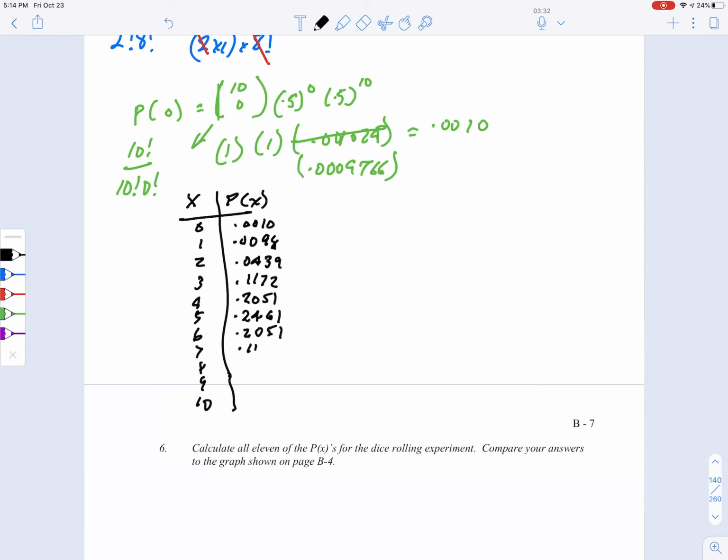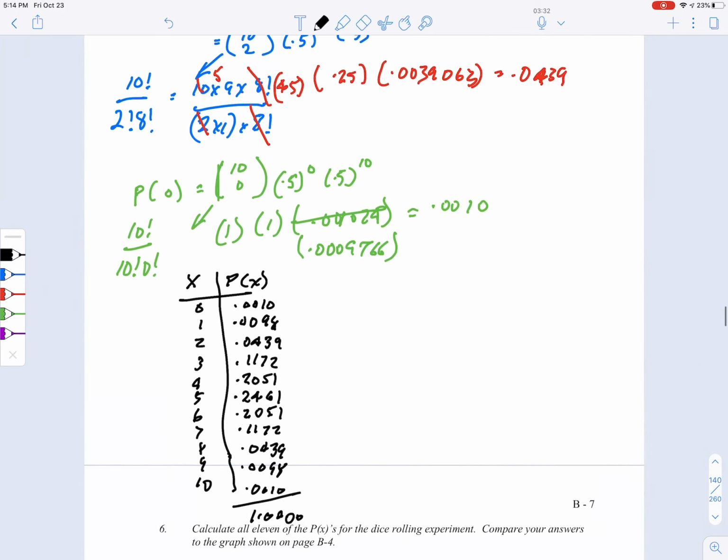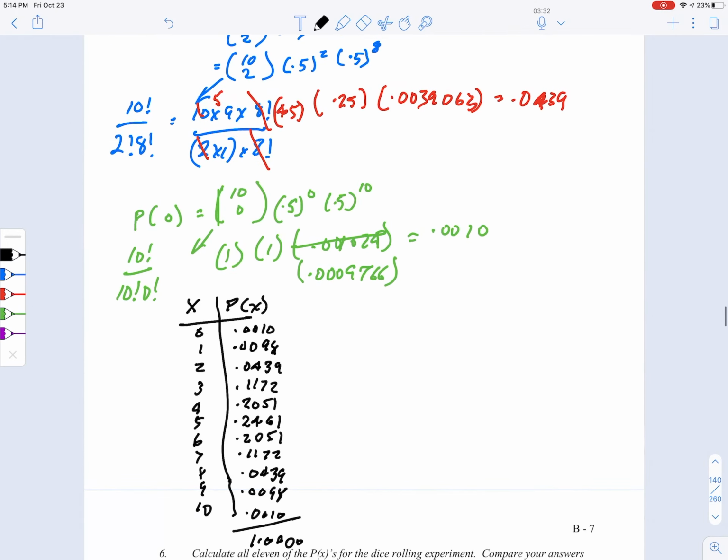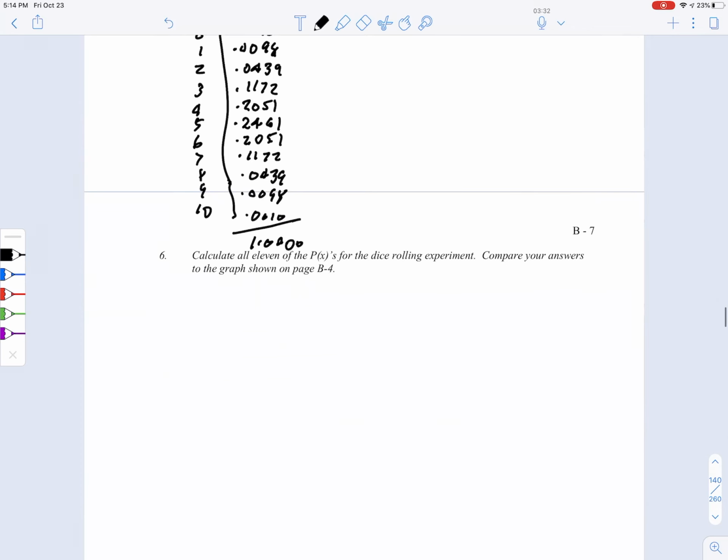So we just go back down with the probabilities like that. And if you add all those up, you'll get 100%. So that's what we call the probability distribution for x, and in this case, the binomial experiment of the 10 coins.